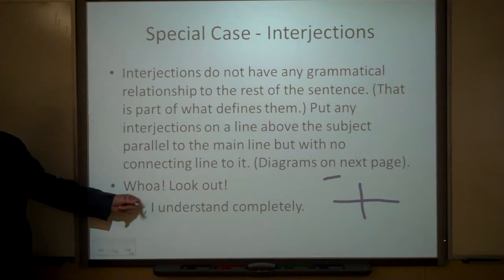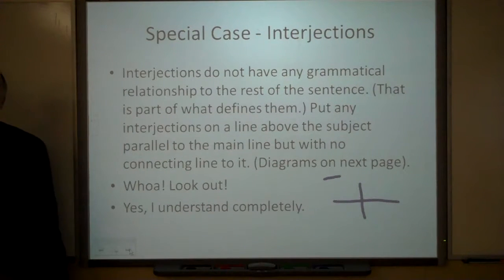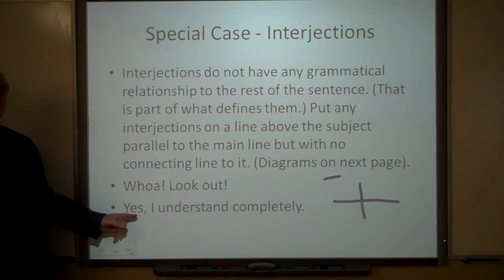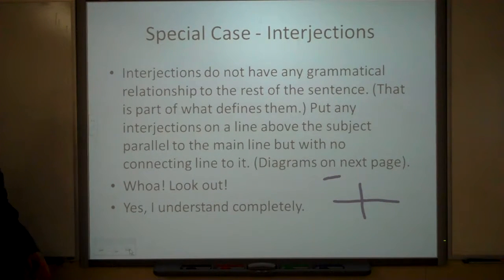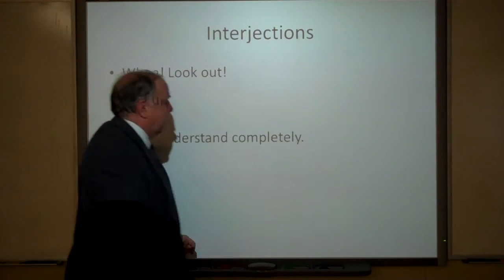So here are a couple, I'll diagram them on the next page. Whoa, look out! Yes, I understand completely. In this first sentence, whoa is the interjection. In the second sentence, yes is the interjection. Milder interjection, but still an interjection. So, whoa, look out.